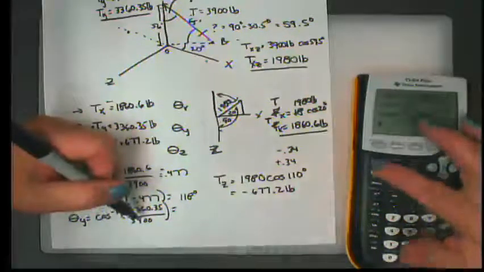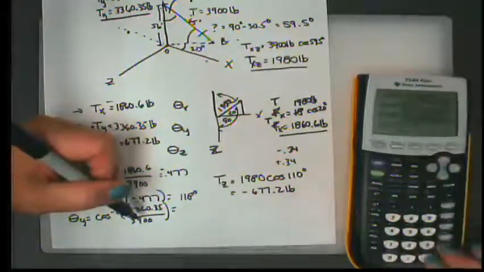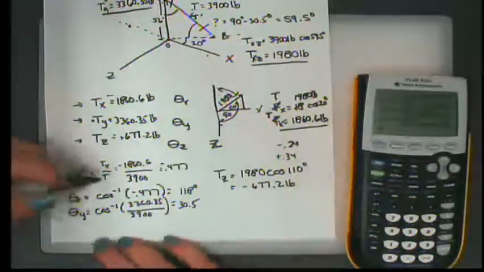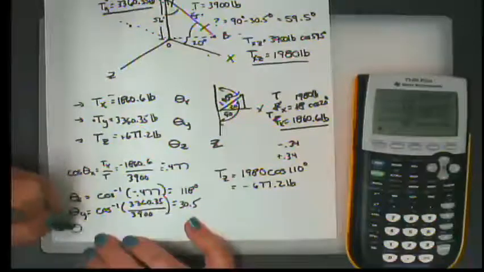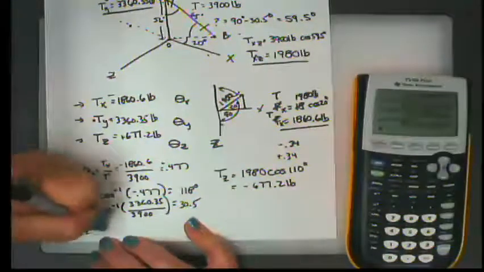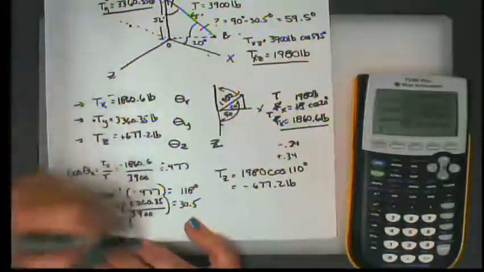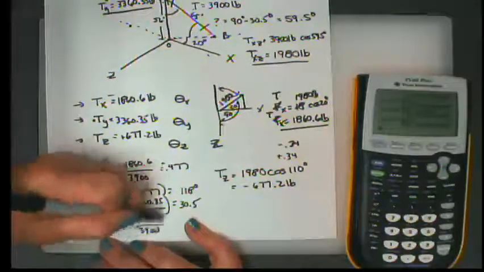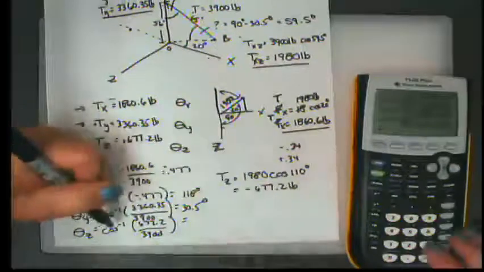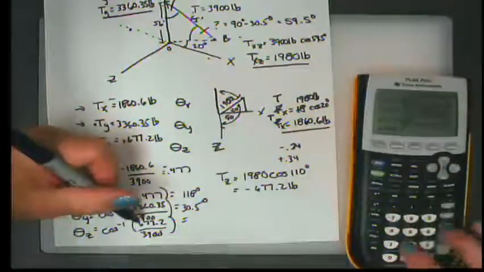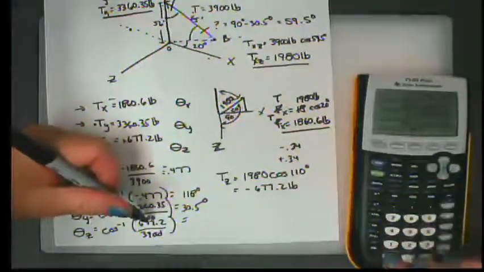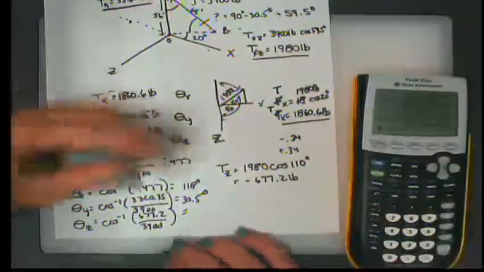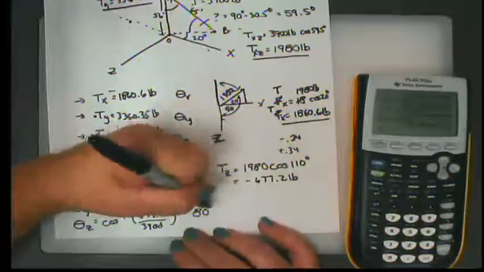Take the second inverse cosine of that, and that angle is 30.5 degrees, which we found right there, and theta z is the inverse cosine of 677.2 over 3,900, which is second cosine, second answer. That number is 80.00 degrees.